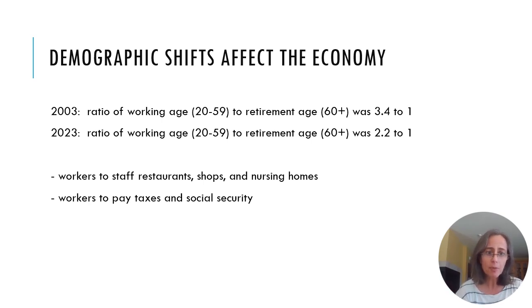And then, of course, these are the people that are also paying into income tax, so your federal tax system, and also paying into Social Security. So when you think about it, you used to have more than 3 people supporting every retired person who is using a lot of those services. Now we only have about 2 people per every retired person contributing in ways, both in terms of what they're doing as an occupation and also contributing financially to support those people.